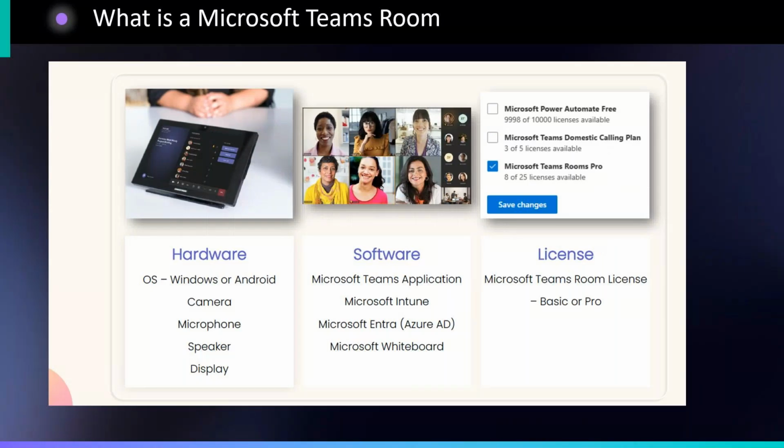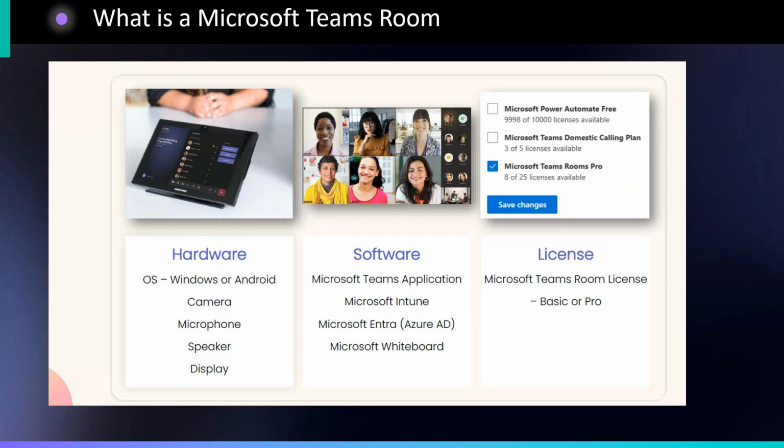Microsoft Teams Rooms is more or less the hardware. That can be Windows or Android hardware. It can also be BYOD if the customer wants to use their own device. The Teams Room contains camera, microphone, speaker, and a display, and if possible, for ease of use, a touch display as well.